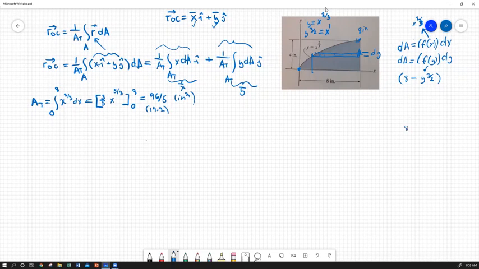So what's 8 raised to the 3/2? It doesn't look right. Oh, it's y. Sorry, it's 4.